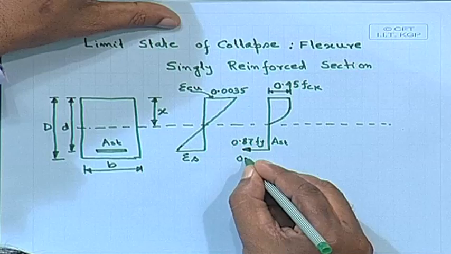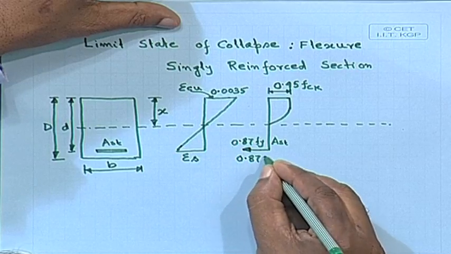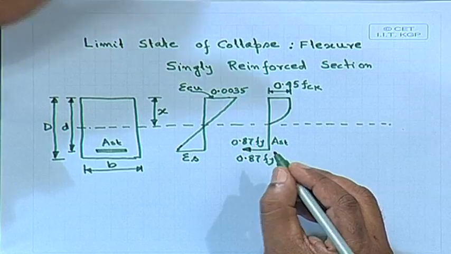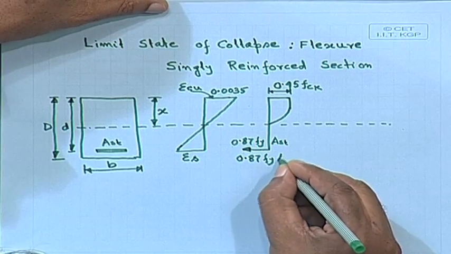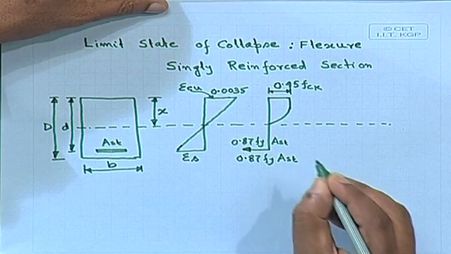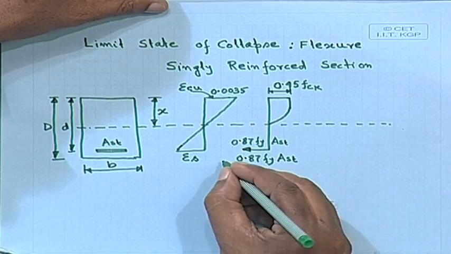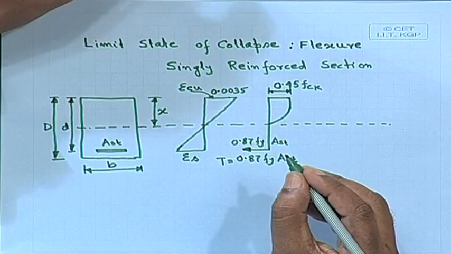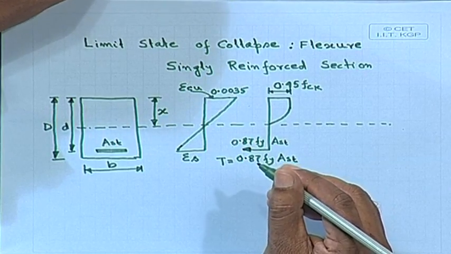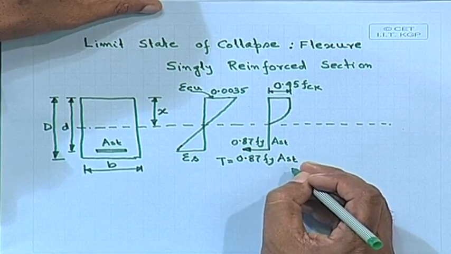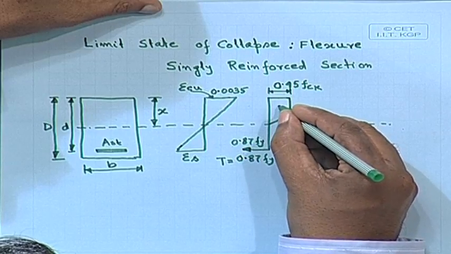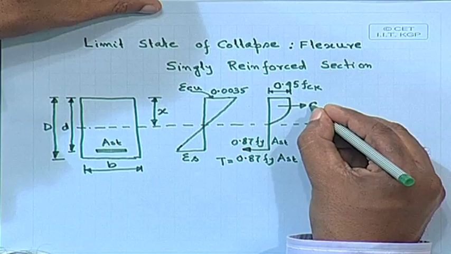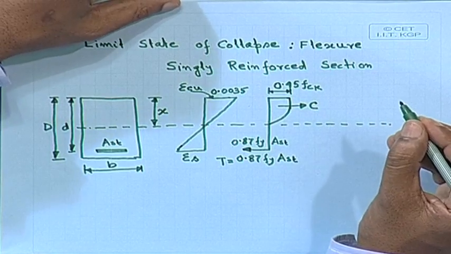Here I think it is better if I repeat once more, 0.87 fy, that is the stress permitted in steel, multiplied by the area of steel. This one is your T. So, tensile force T on the steel is 0.87 fy Ast. We shall get the compressive force, that is C.